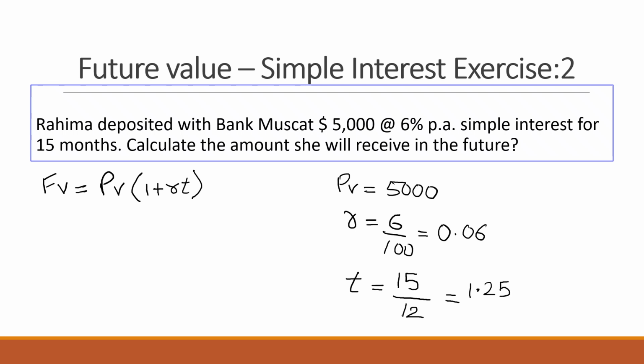Now we have P 5,000, R rate of interest 0.06 and time 15 months, which we divided by 12, we get 1.25 years. Now we will just put it in the formula.